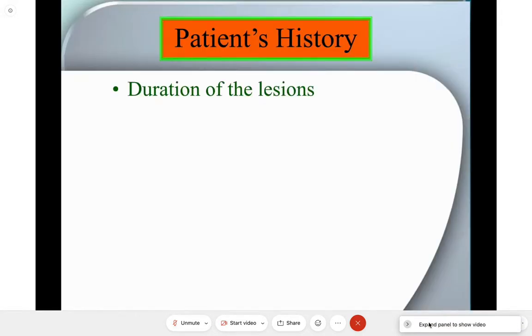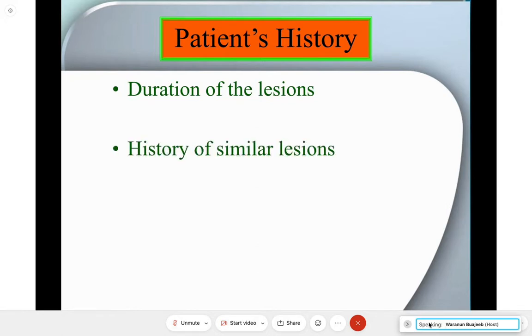So in order to be able to diagnose patients with lesions presenting as ulcer, vesicle, and bullae, you need to ask about the duration of the lesions. Apart from that, any history of similar lesions in the past.